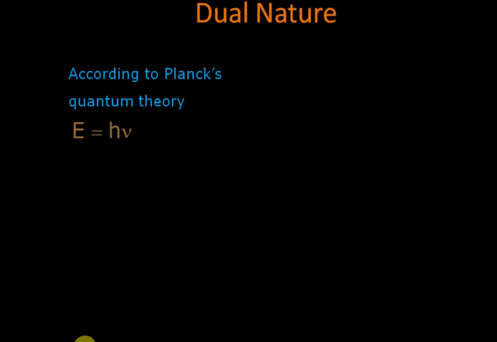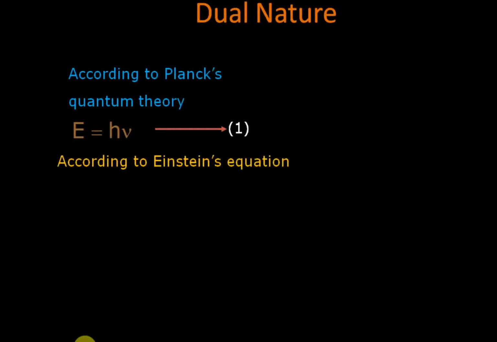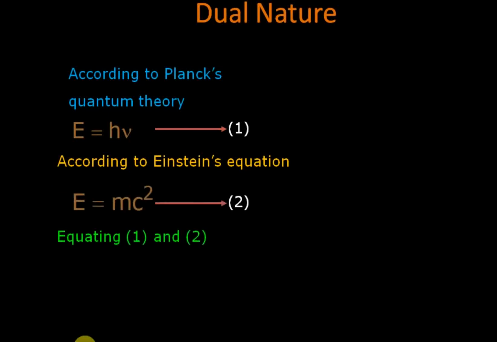So E is equal to h nu. Here, according to Einstein's energy-mass relation, E is equal to mc square, where m is the mass of the substance undergoing destruction, c is the velocity of light.